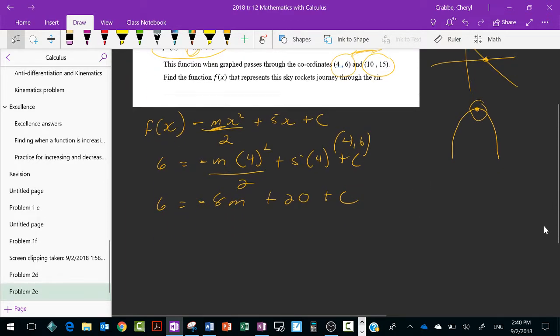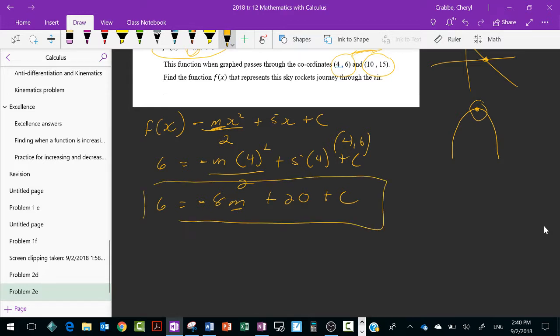So you can see it's problematic, because I can't solve for c, since I've still got this m issue. I can't really go any further, but I can put c in terms of m. c is equal to 8m minus 14. That's really all I can do at this point.